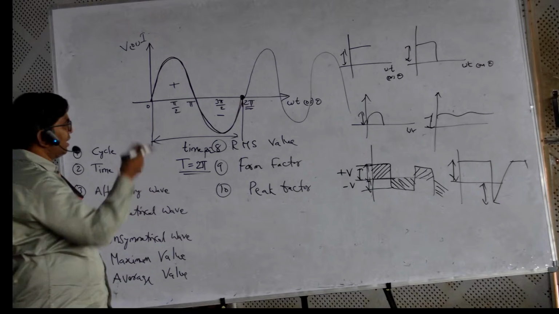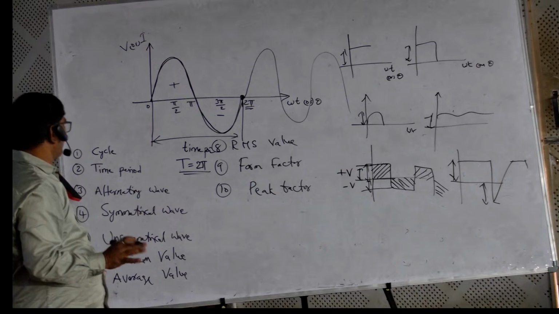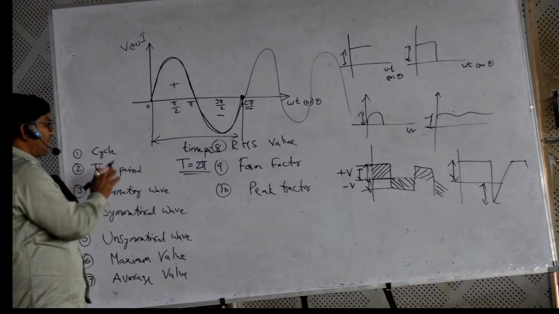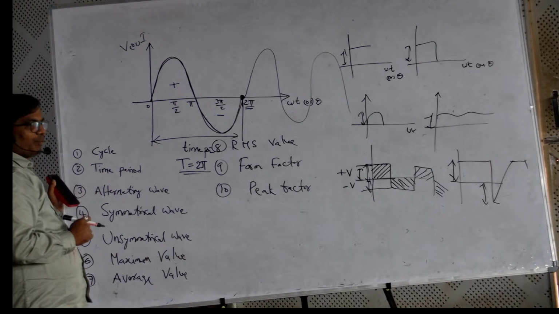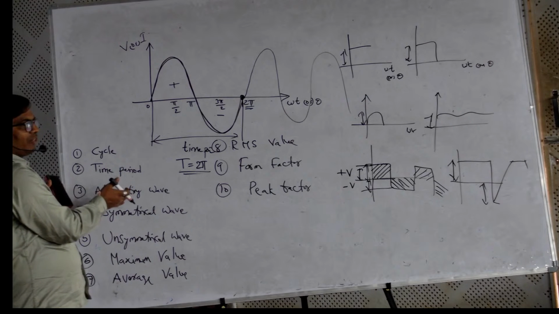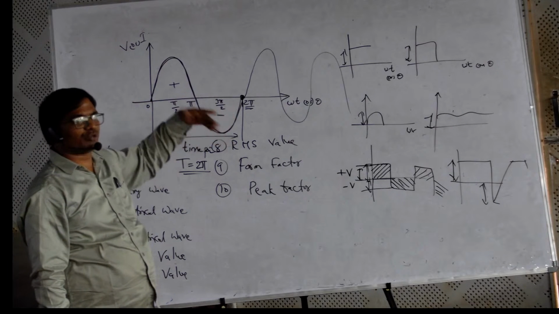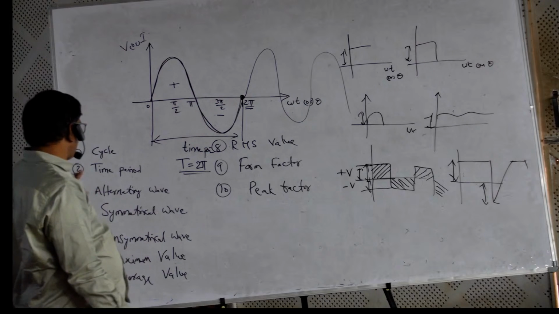An alternating wave means a wave having positive values and negative values.